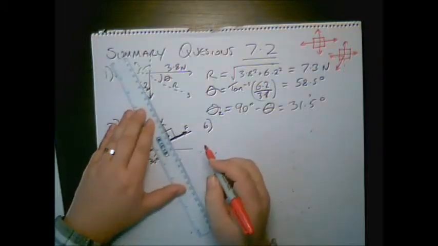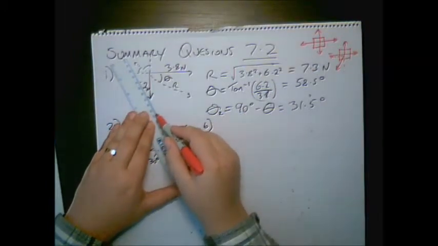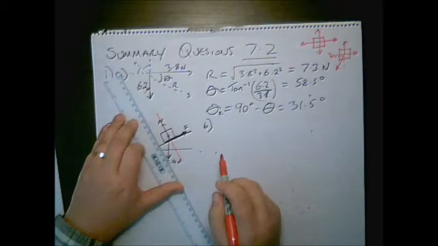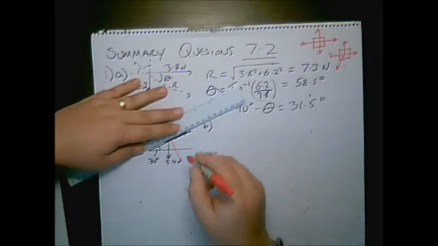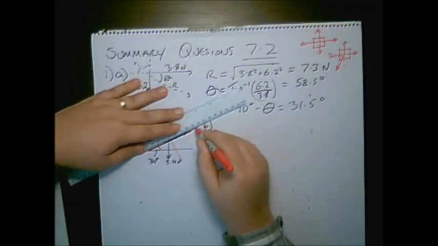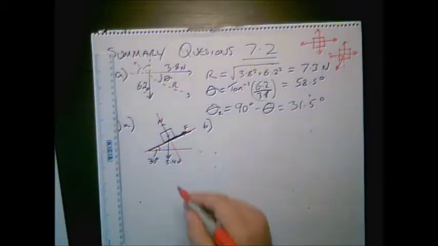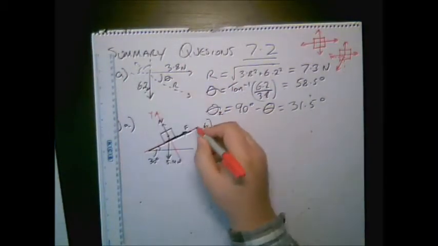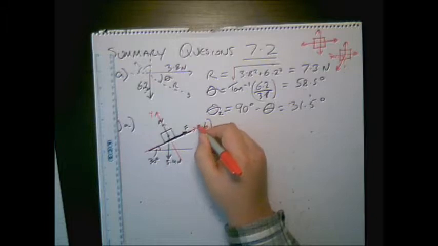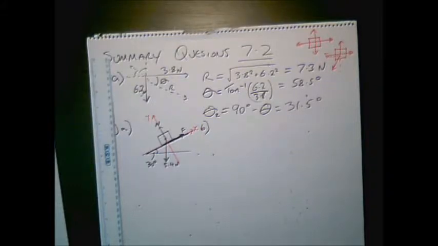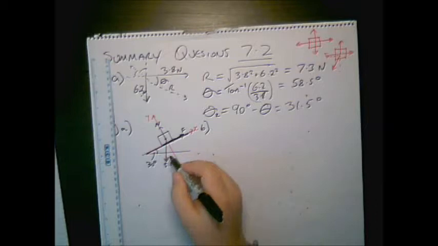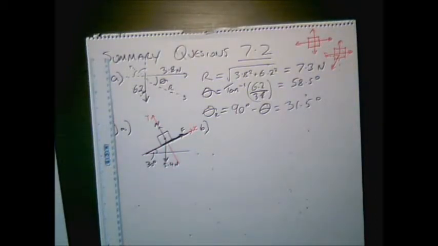So we're going to basically take Y to be like this and X to be like this. So if we put axes on this question, this would be Y and this would be X. So now we know what X and Y direction we're going to work in, we can resolve the weight to fit in with what we've chosen.